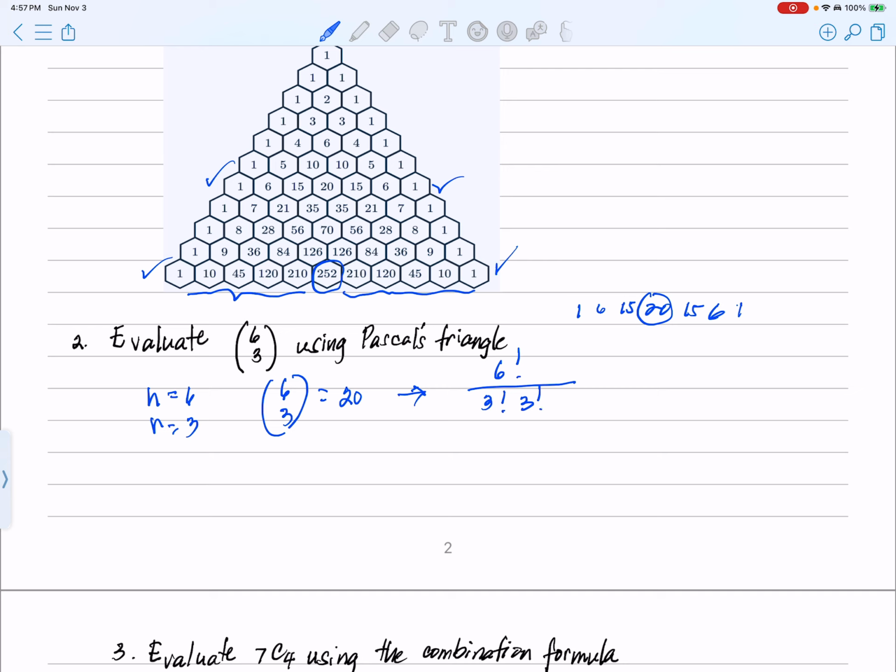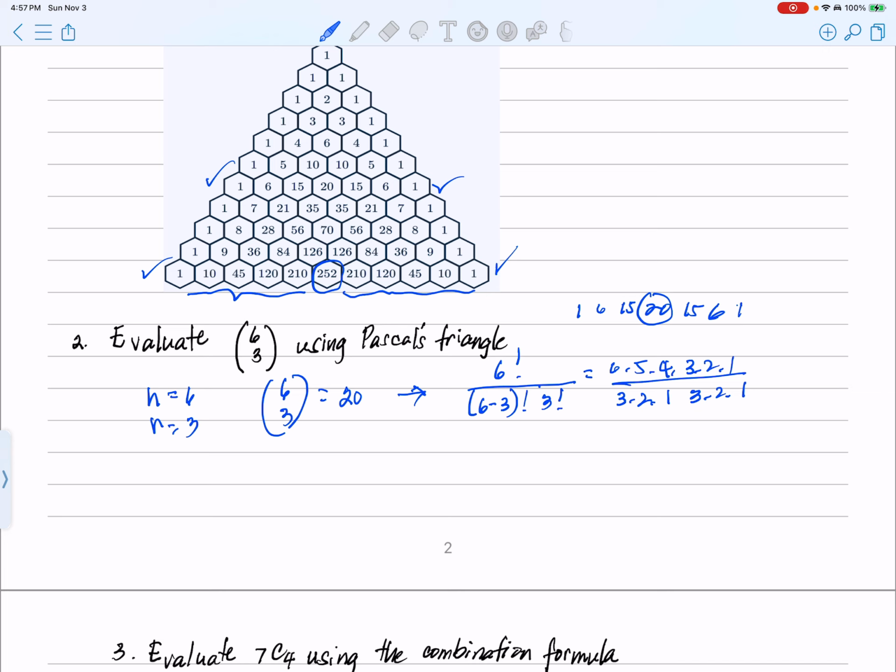Where did the other 3 come from? It is 6 minus 3 factorial and 3 factorial. So 6 factorial is 6 times 5 times 4 times 3 times 2 times 1, while 6 minus 3 factorial is 3 times 2 times 1, and the other one is 3 times 2 times 1.